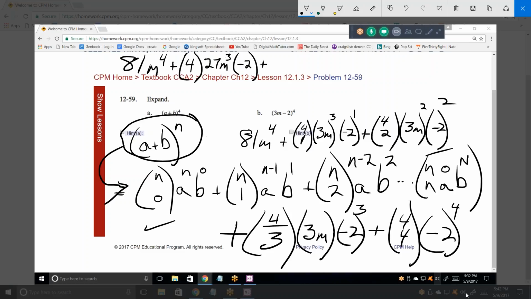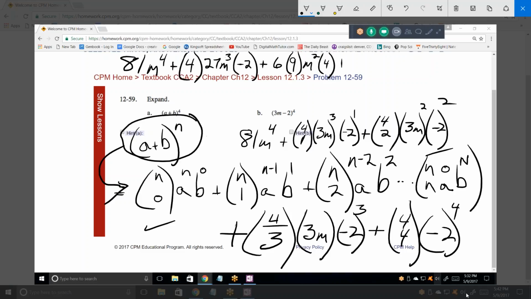What's 4 choose 2? 6. What's the next term? 3m. Go ahead and square 3m squared, so that becomes 9m squared. And then what's minus 2 squared? 4.